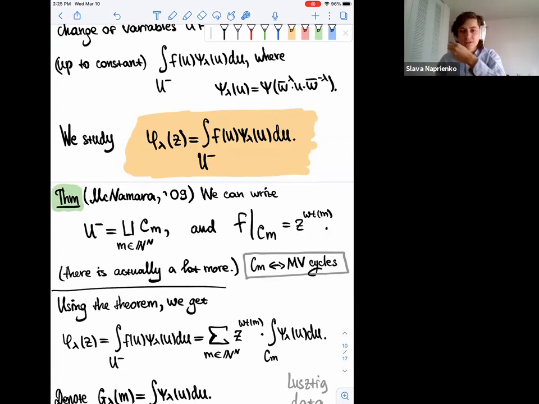Unfortunately, I don't have time to talk about the geometry here. I just want to briefly mention that these pieces are in one-to-one bijection with Mirkovic-Vilonen cycles. And the cycles are used to parameterize the basis of the intersection cohomology of the affine Grassmannian. So it is highly geometric data, and they are bijectively corresponding to this data.